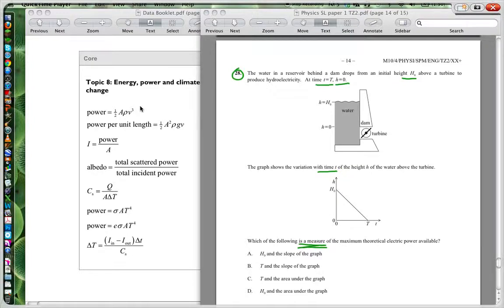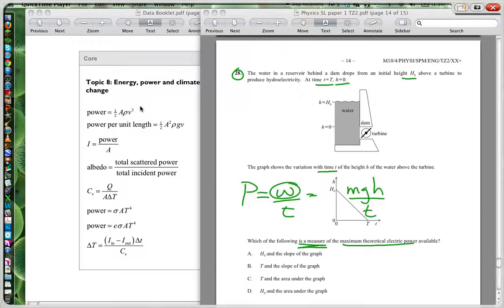It doesn't mean that it's equal to, but it usually is proportional, giving a proportional value to the maximum theoretical electrical power available. Now we know that power is equal to work over time. We also know that this work, this energy that can come, is coming from mgh, and so that's over time.